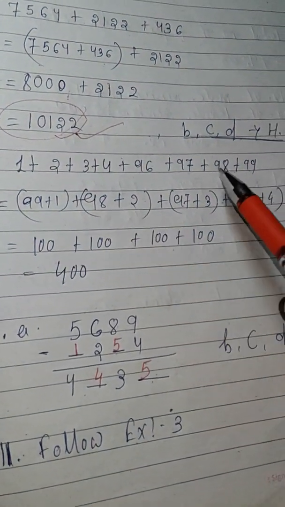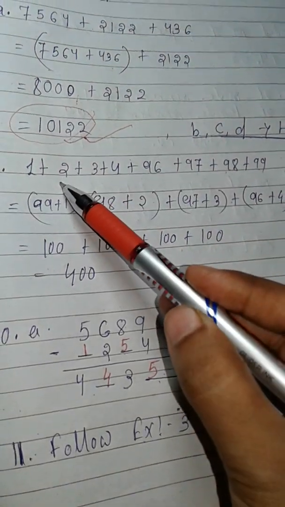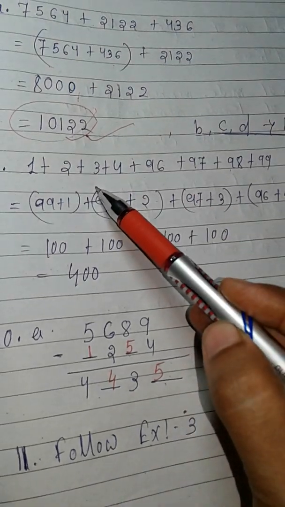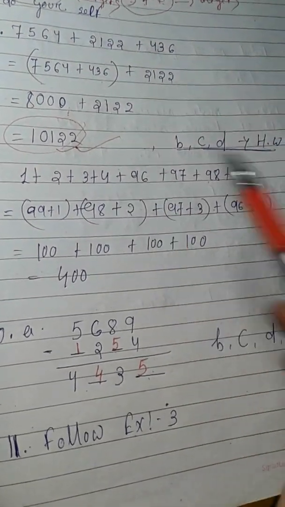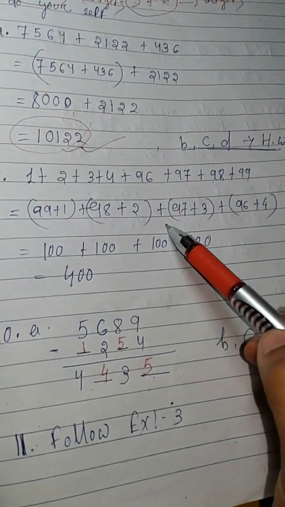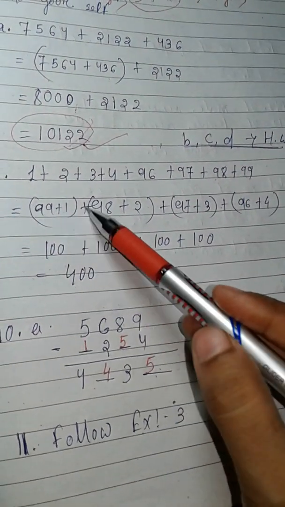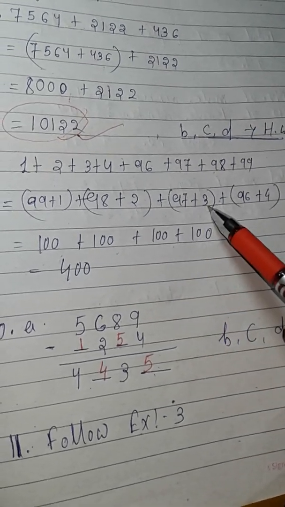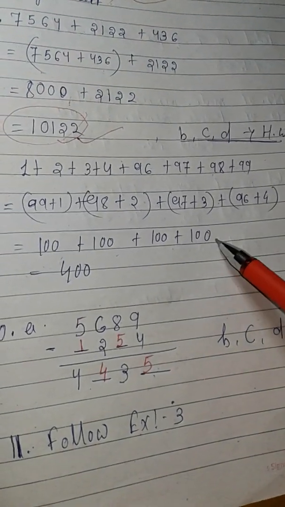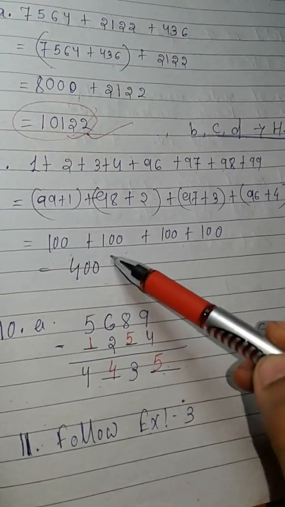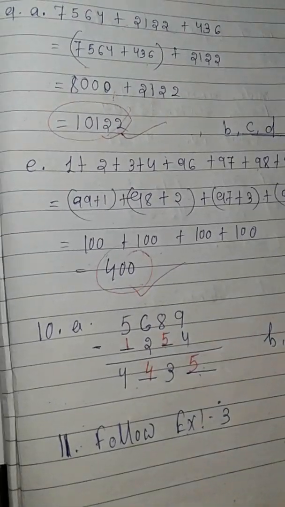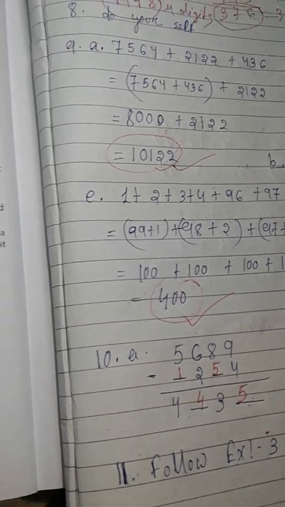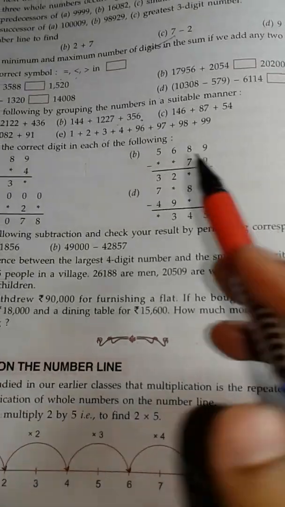Then 98 plus 2, 97 plus 3, 96 plus 4. Then you add: 99 plus 1 is 100, 98 plus 2 is 100, 97 plus 3 is 100, then 96 plus 4 is 100. So 400 is the answer. If you arrange properly, the addition will be easy for you. Like this, number 9 you complete, children.